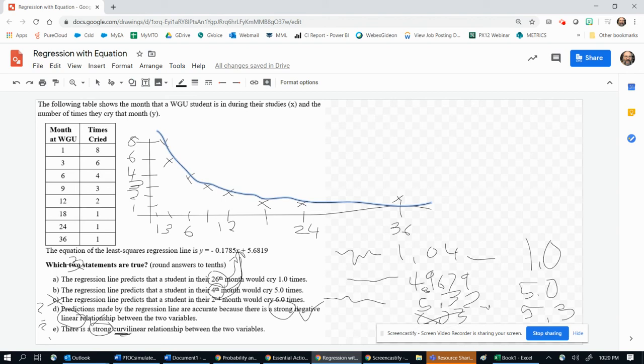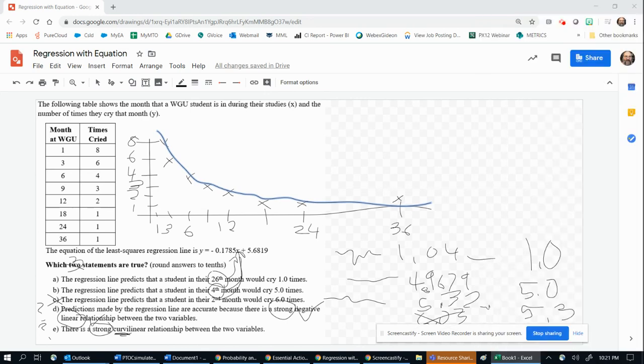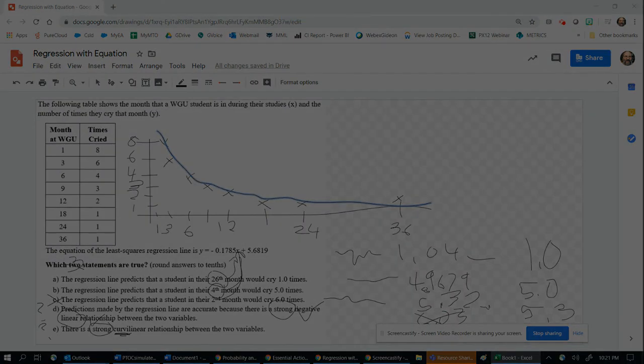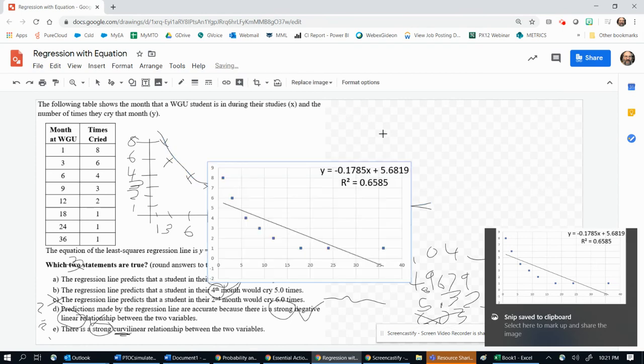And in fact, I cooked this up for you so I could plop it in and show it to you. It really is very much exponential data. I've got a little screen snip of the graph done to perfect scale that I just wanted to toss in the corner for you.